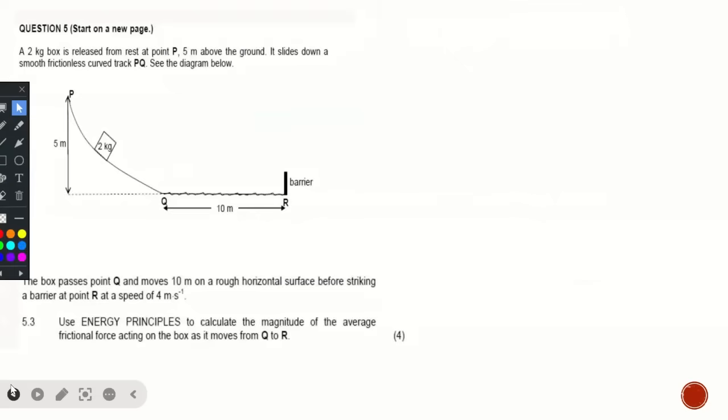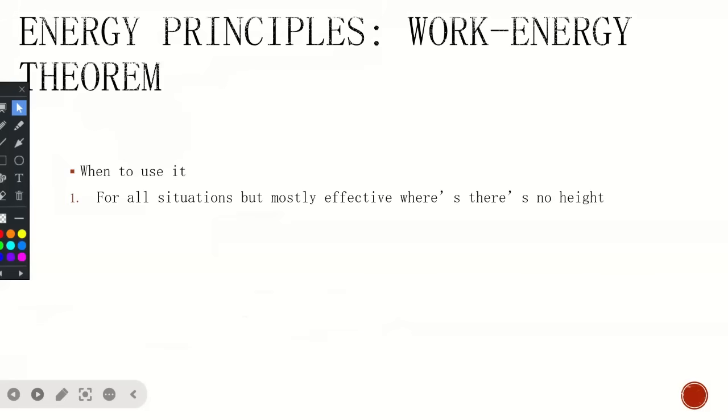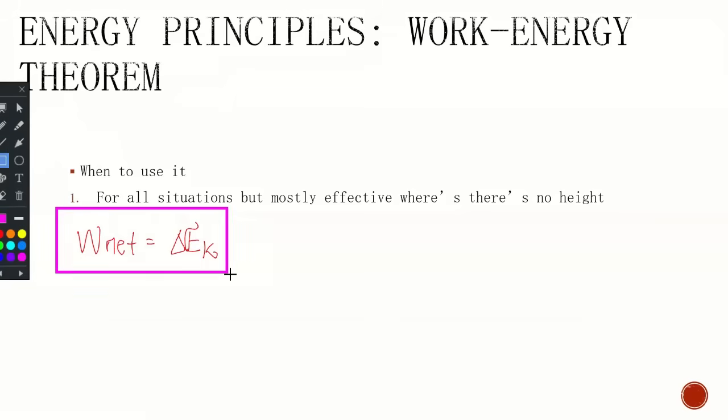The W net, we know from the definition, says that the net work done on an object is equal to the object's change in kinetic energy, which means the formula corresponds to the definition. W net is equal to change in Ek, right? So this is the formula that we use for the work energy theorem.